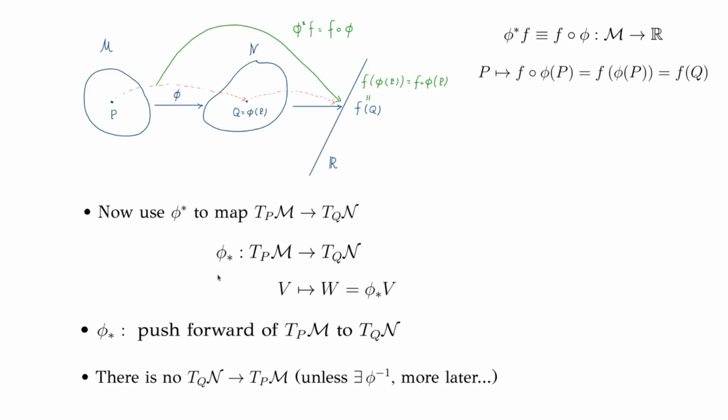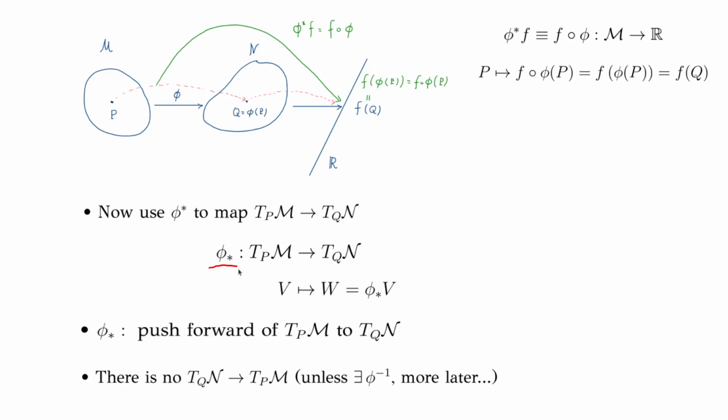Having defined the pullback of a function, we can make a map between tangent vectors at the point P to tangent vectors at the point Q. We will call this map the push forward of the tangent space at P to the tangent space at Q and give it the name phi star.